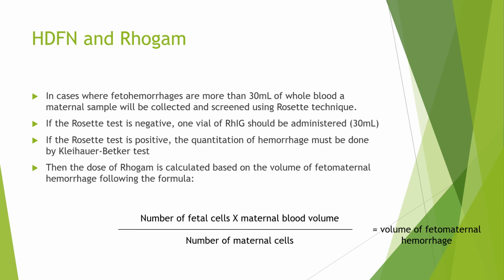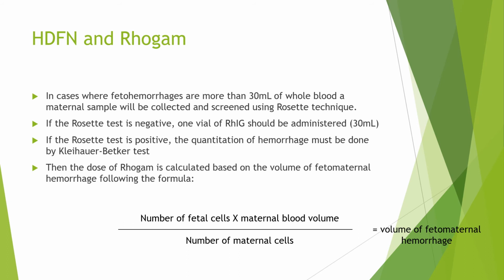If the rosette test is positive, then a quantitation of the hemorrhage must be done by the Kleihauer-Betke test. Then, after this test, the Kleihauer will show the number of maternal cells, number of fetal cells, and maternal blood volume. The dose of Rhogam will be calculated based on the volume of the fetal-maternal hemorrhage.